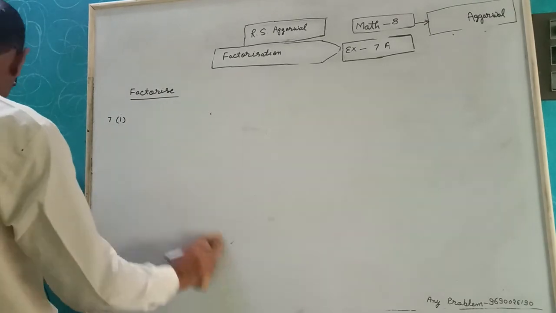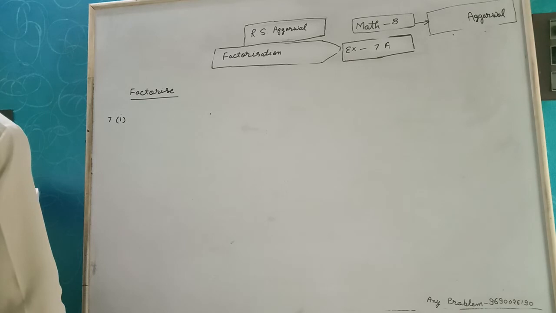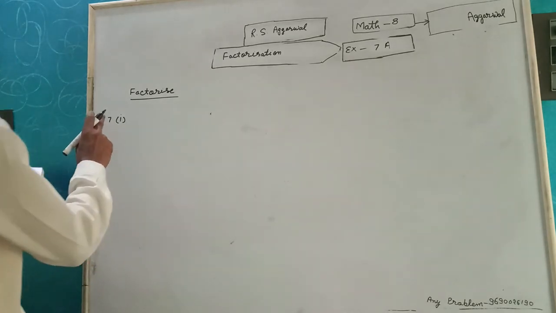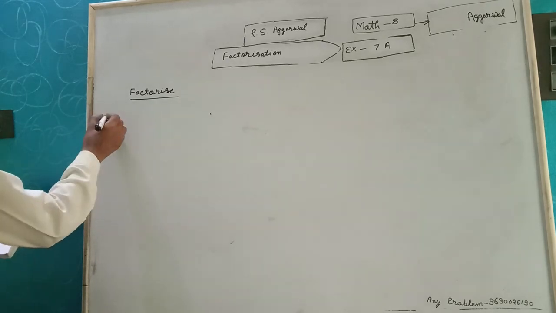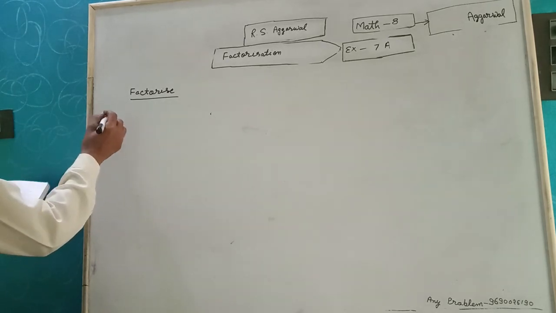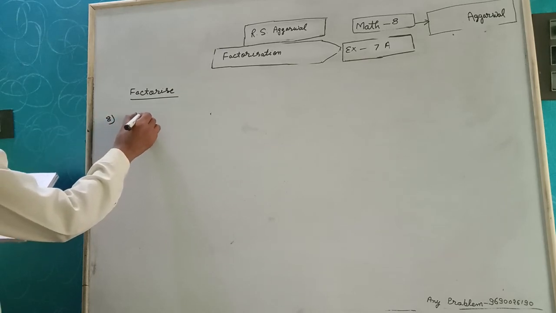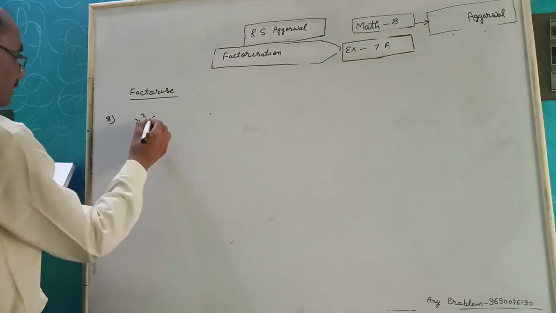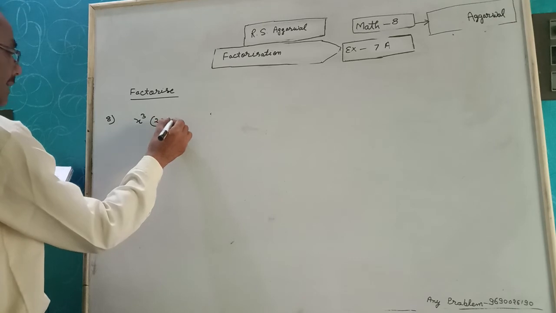Seventh question, third part is complete. Eighth question is x square bracket 2a minus b plus x cube bracket 2a minus b.